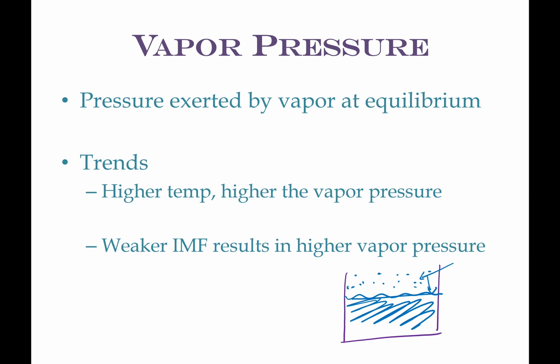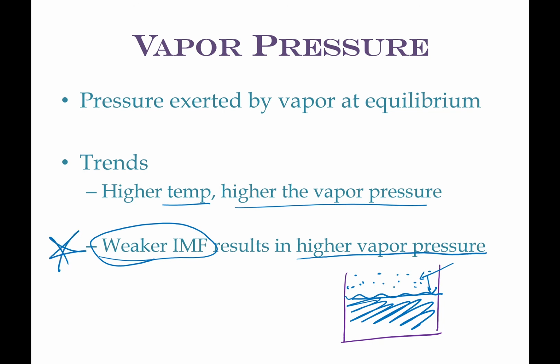At a higher temperature, the vapor pressure is going to be higher. The weaker the intermolecular forces are, the higher the vapor pressure will be. This is the one you really need to practice, because weaker means higher, and that is confusing to most people. When we have weaker intermolecular forces, it's easier for those molecules to leave the liquid phase and go into the gas phase, meaning we'll have more particles in the gas phase above the liquid, which create a higher pressure on the liquid surface.